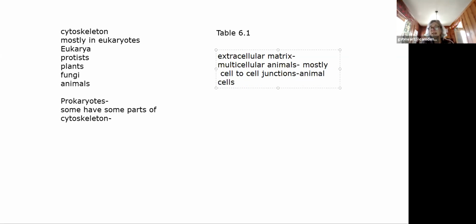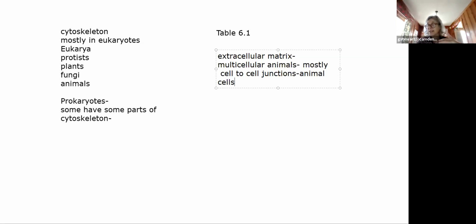And remember, in plant cells, we have the plasmodesmata, we have the middle lamella, we have other ways of extracellular matrix that the plant cells can communicate with each other. But the extracellular matrix in particular, we would say, is pretty unique to animal cells. And those cell-to-cell junctions, the tight junctions, the desmosomes, and the gap junctions, those are discussed just in terms of animal cells, right? And the examples given are in terms of animal cells.